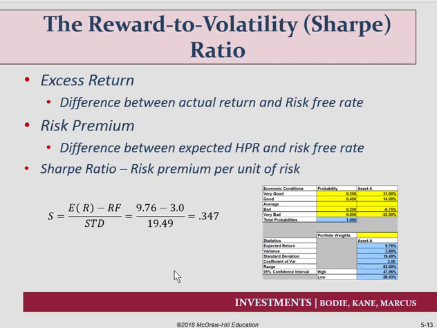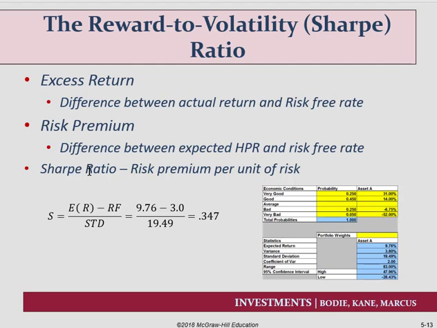Another calculation we might want to discuss is something called the Sharpe ratio. This is the reward-to-volatility ratio. So the excess return is the difference between the actual return and the risk-free return. A risk premium is what's referred to as the difference between the expected return and the risk-free rate.